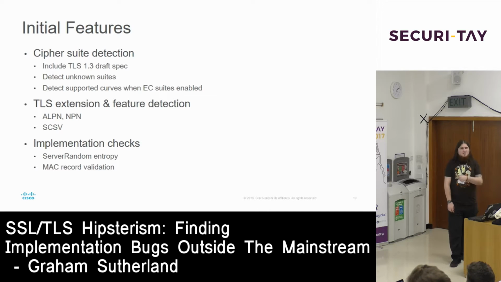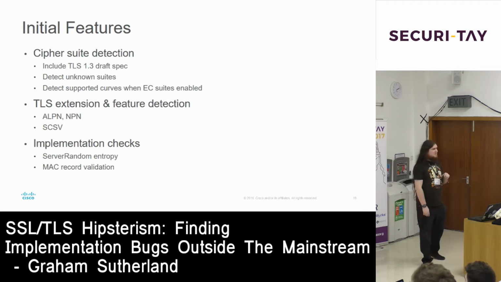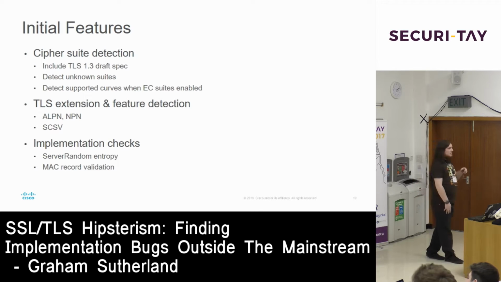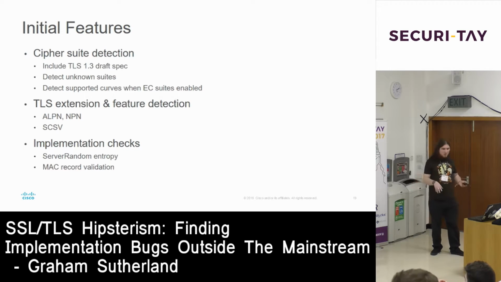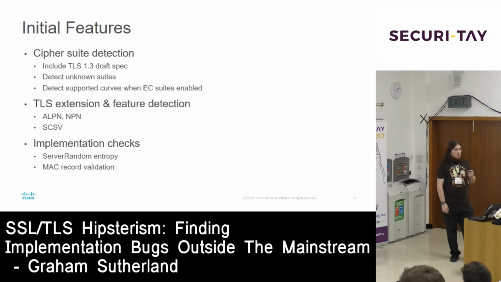And also detect unknown suites, because it turns out that a lot of server implementations will accept, at least initially, cipher suites that aren't specified by the TLS spec, like they don't exist. So that's weird. They're like proprietary cipher suites. And as far as I'm aware, there aren't really any tools that look for that at the moment, apart from the big network scanners.